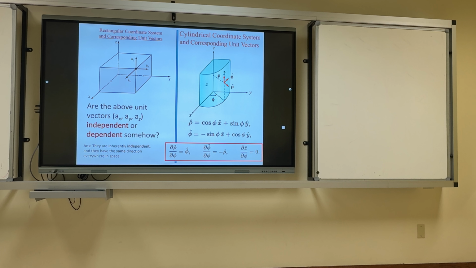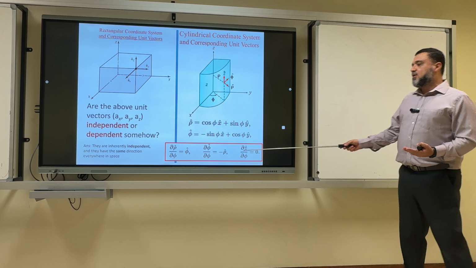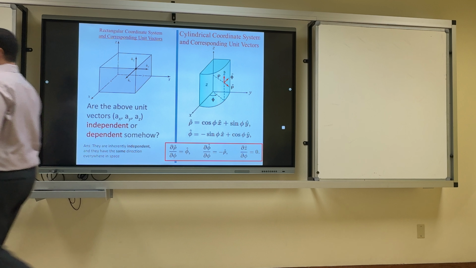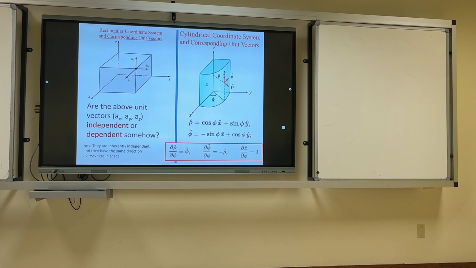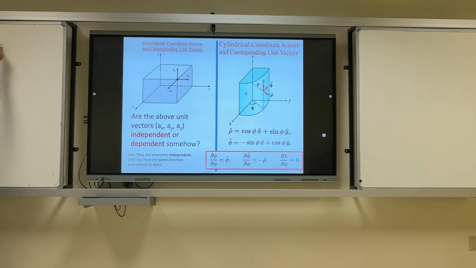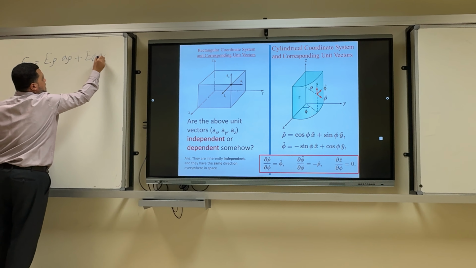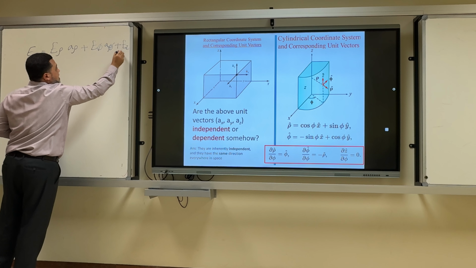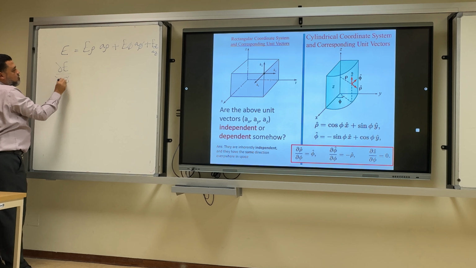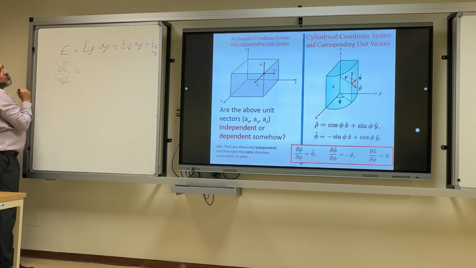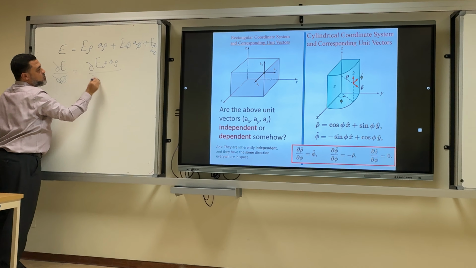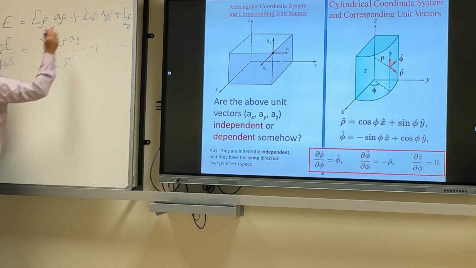Actually, this concept is very important when we solve the wave equation in cylindrical coordinates. We will see that if you have some electric field E, defined as E_rho in the rho direction, plus E_phi in the phi direction, plus E_z in the z direction, we need to take the partial of E with respect to phi. What should you get here? It will be partial E_rho over partial phi, plus the other terms.